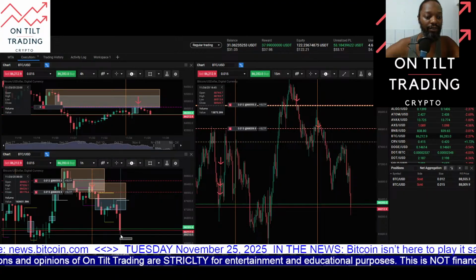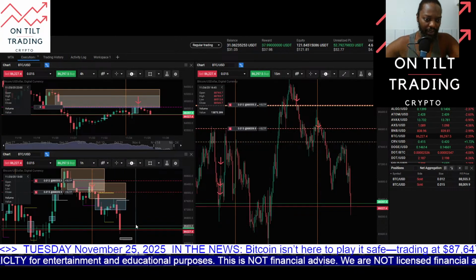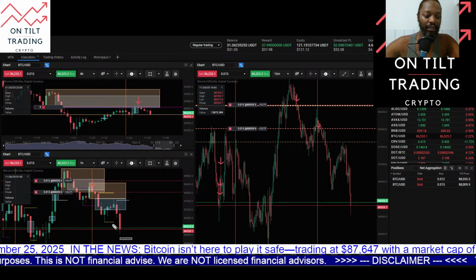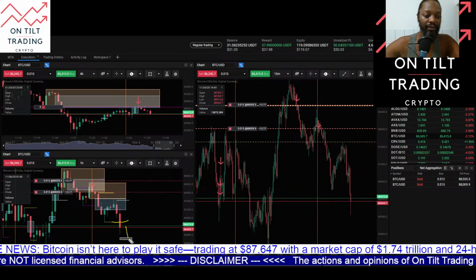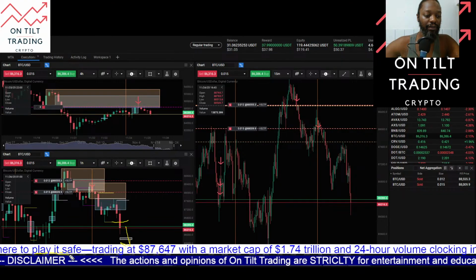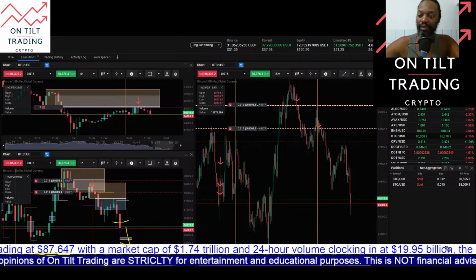Less than 8 minutes remaining in the current 60-minute candle. Ideally, I want to see a body candle close below this level here on the 60-minute, and then to see price continue to the sell side to sweep out this sell side liquidity resting below yesterday's low here.